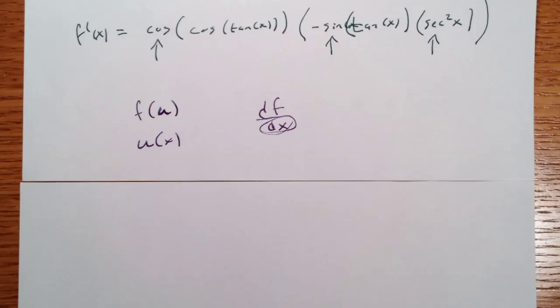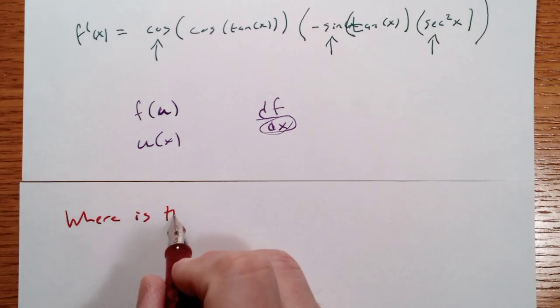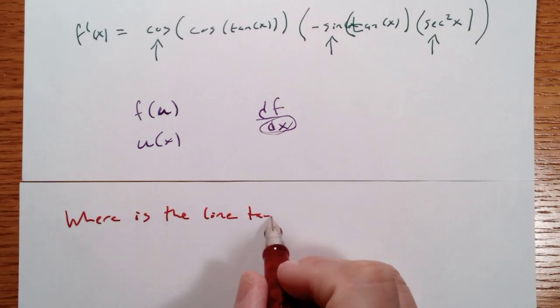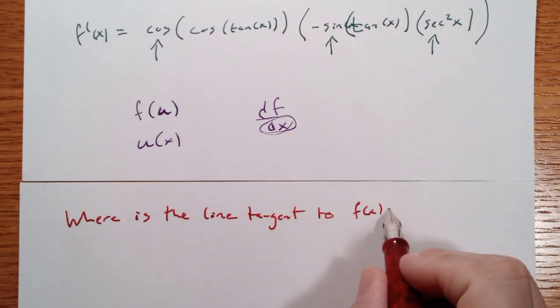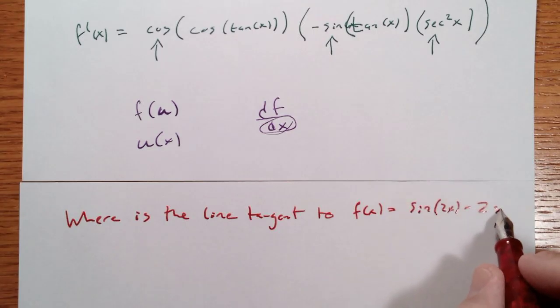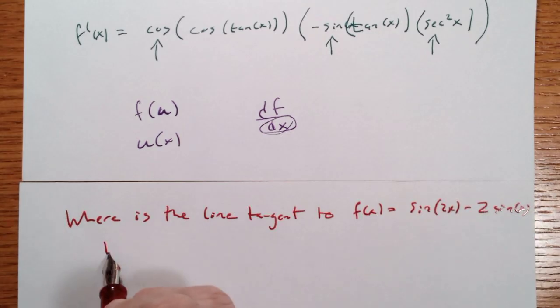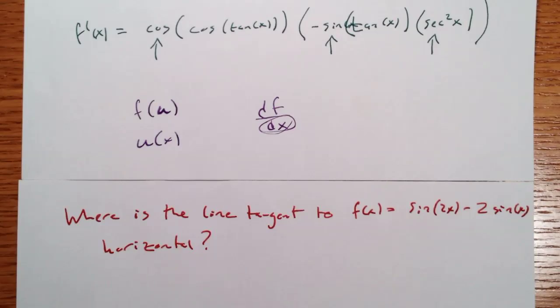Again, I can put this in the same context as I've put other problems. I would like to know where the tangent lines for sine 2x minus 2 sine x are horizontal.